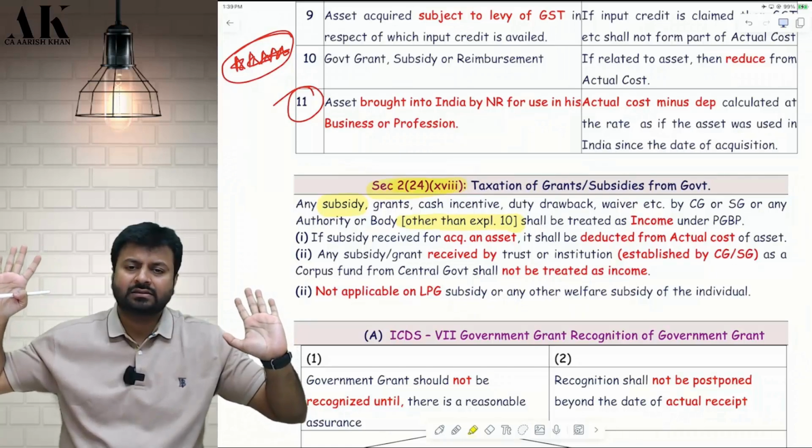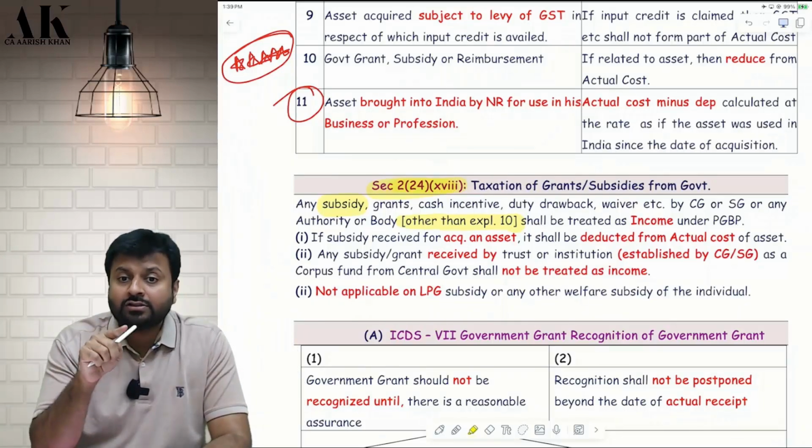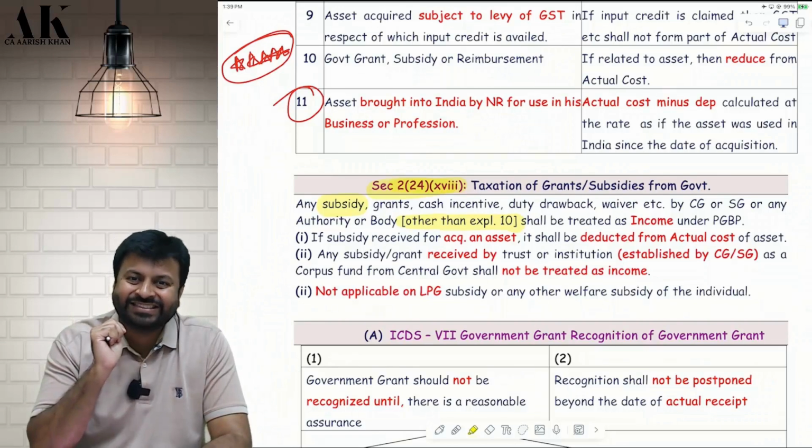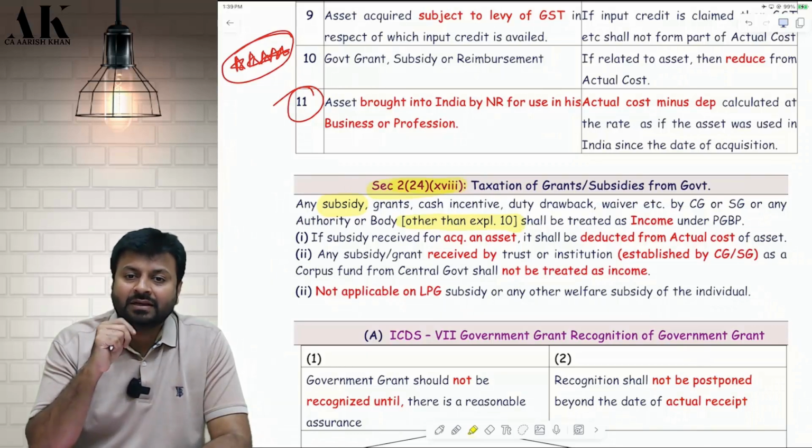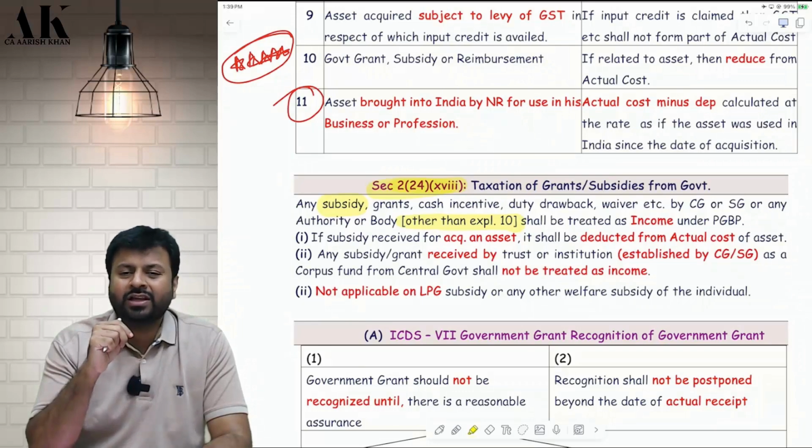So this is not talking about fixed asset subsidy. This is talking about that electricity subsidy, that raw material subsidy. Are you clear or not?